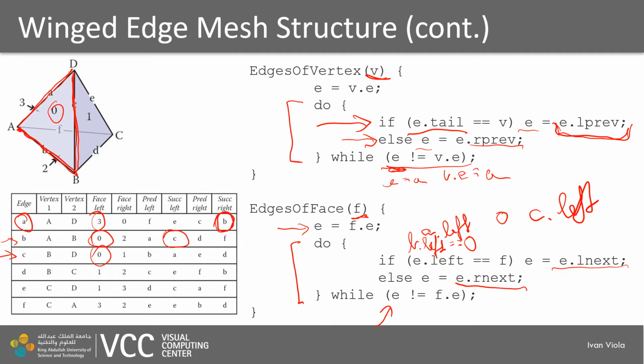So the next one will be therefore E L next. C's left successor will be the A. Therefore, E is equal to A, and we are stopping our loop.